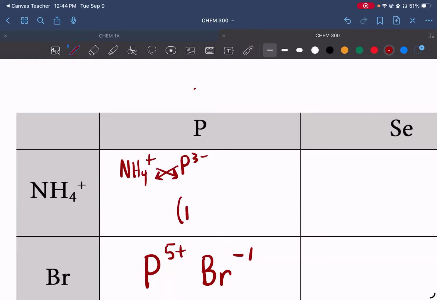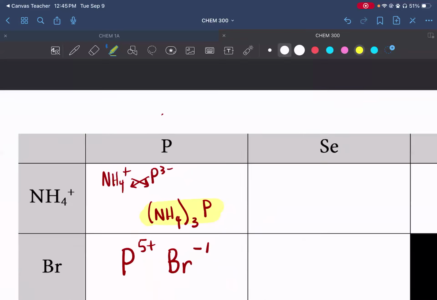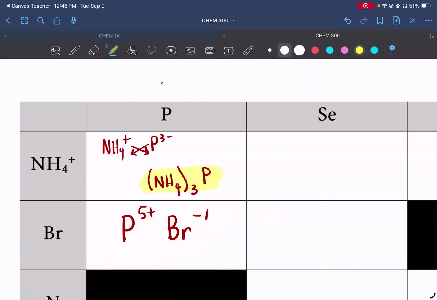This becomes (NH4)3P. There is no choice to be made here because the NH4 is already given to you as a positive ion. You don't need to decide if it's going to be positive or not. And if that's positive, everything else must be negative, which is what we expect.